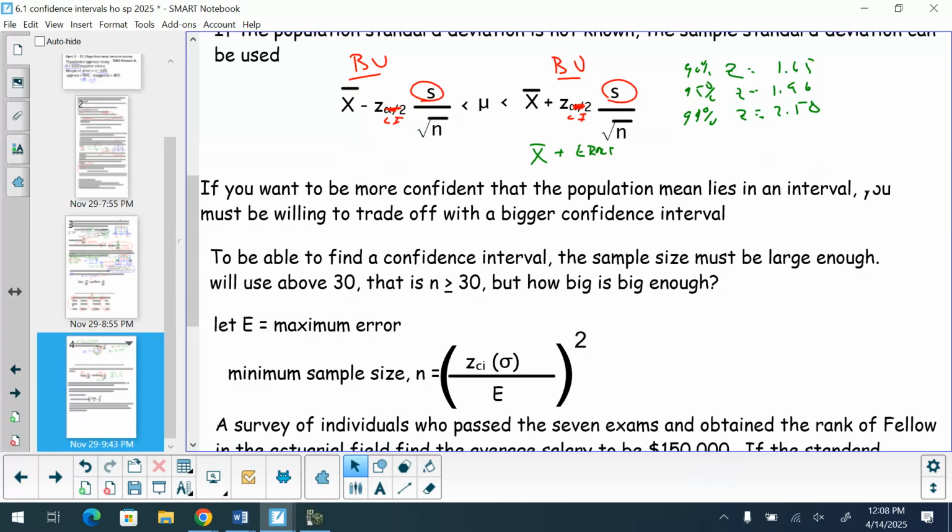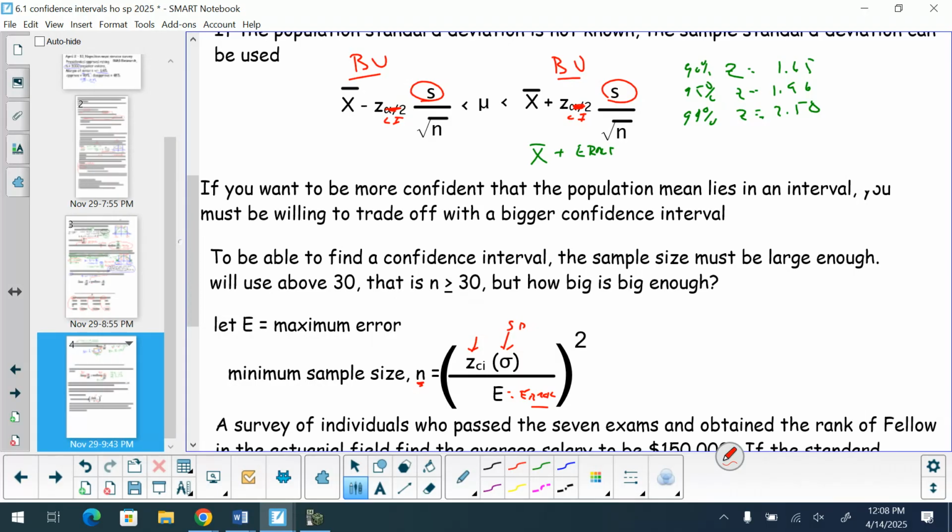Sometimes you'll be given an error. I want to be as close to this as plus or minus $1, or plus or minus $2, or plus or minus $5. What does my sample size have to be? Well, if I'm trying to calculate a sample size, I can take my z for the confidence interval times standard deviation, and divide by this error, and then square it.